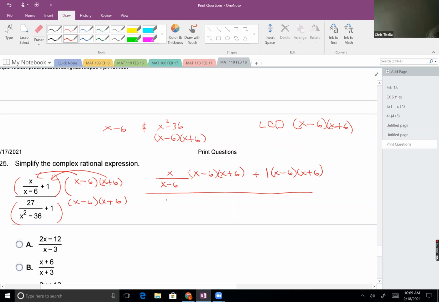In the denominator, I have 27 over x plus 6 times x minus 6, x plus 6, plus 1 times that product. And it's a pain to do all that writing, but that idea of finding the common denominator and then distributing it to both the numerator and the denominator, I'm done.